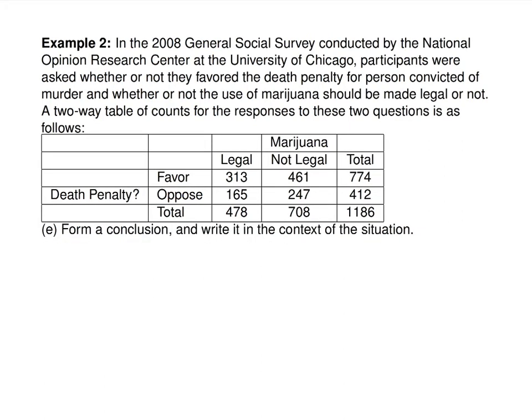Form a conclusion and write it in context. Well, we're going to fail to reject H0 at alpha equals 0.05 level, because the p-value is too big.